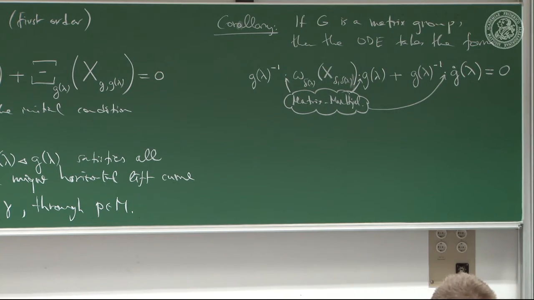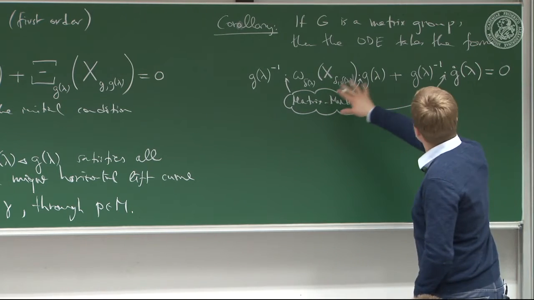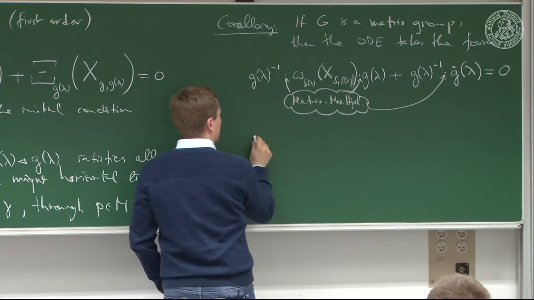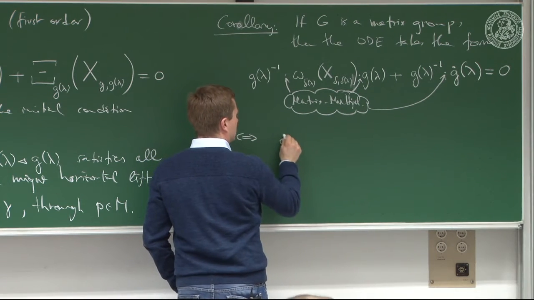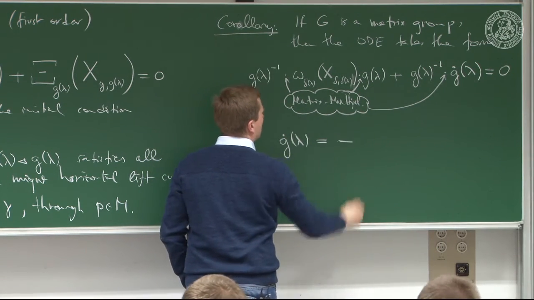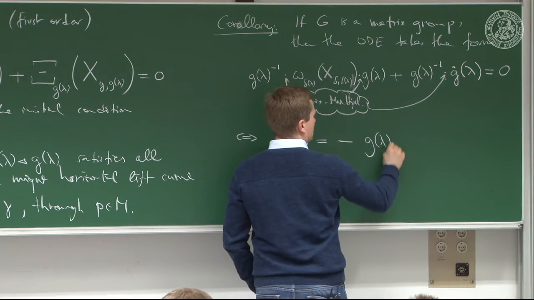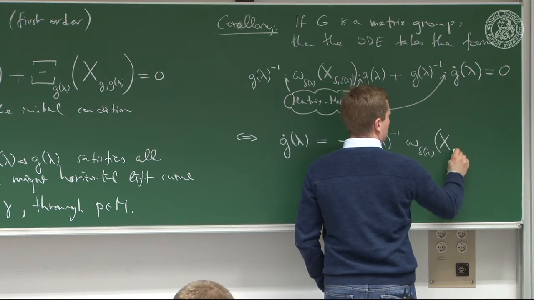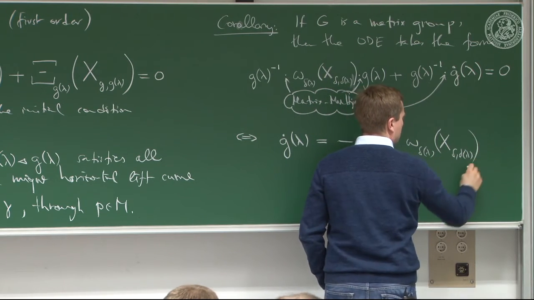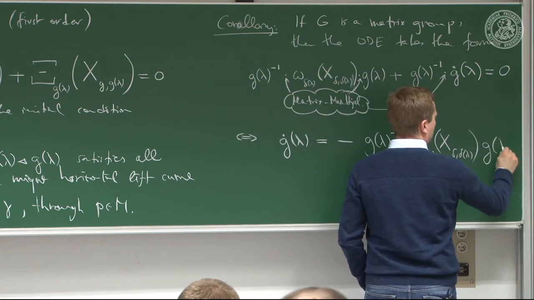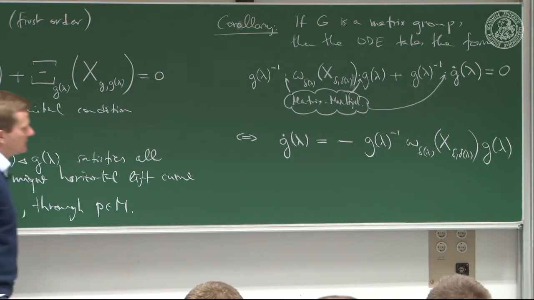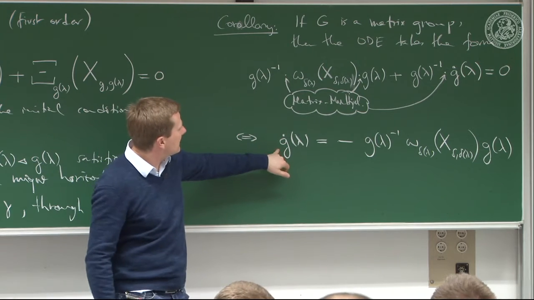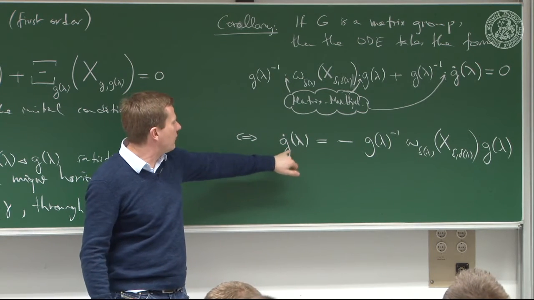And in this form, because we have a group, we can multiply from the left by g of lambda, and we get equivalently g dot of lambda equals minus g of lambda inverse acting on omega along the tangent vector at each point here, and then again g of lambda.